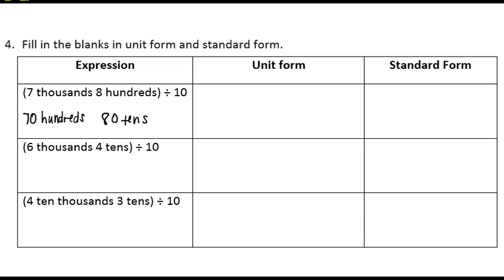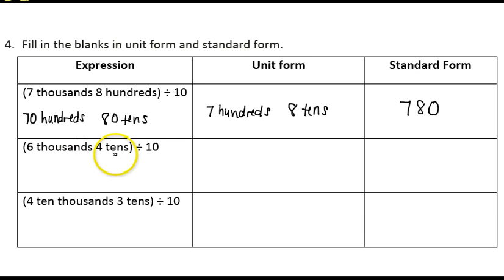Now if I divide 70 hundreds into 10 equal groups, that would give me 7 hundreds in each group. If I take my 80 tens and divide those into 10 equal groups, that would give me 8 tens in each group. In standard form, I would write 7 hundreds, 8 tens for a final answer of 780.